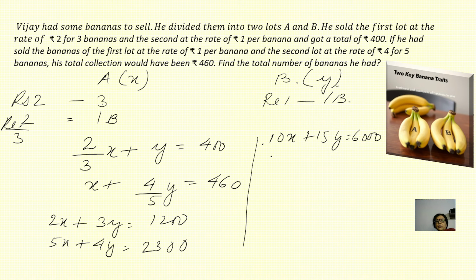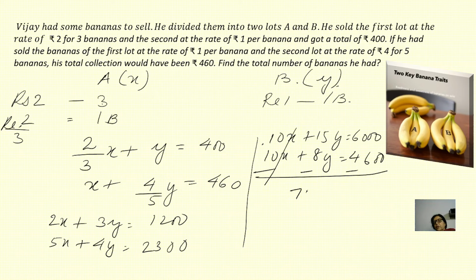And the second equation by 2, so 10x plus 8y is equal to 4600. So this gets cancelled. Change the sign. You get here 7y is equal to 1400, so y is equal to 200.